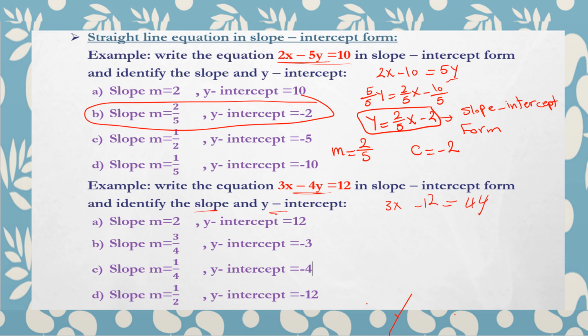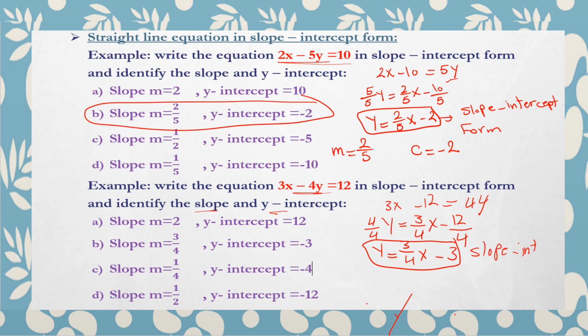By dividing both sides by 4, we get y equals 3 over 4x minus 3, and this is the slope-intercept form of the equation. And the slope here, m, equals 3 over 4, and the y-intercept c equals minus 3. So the correct answer is B.